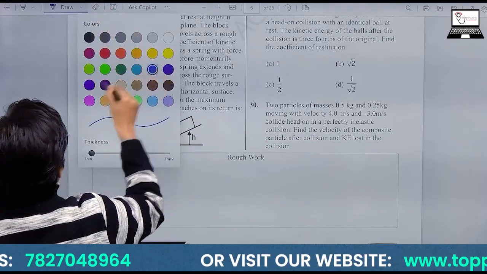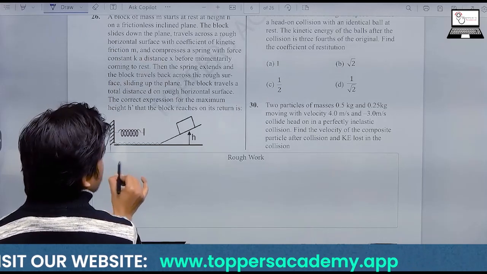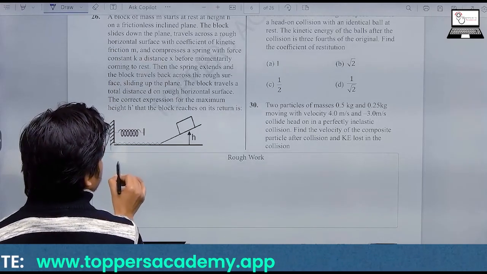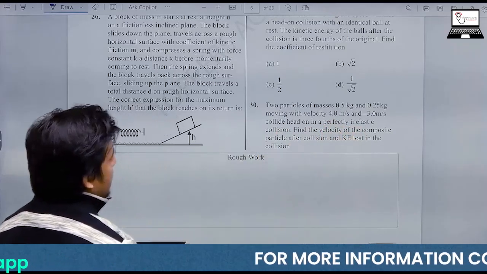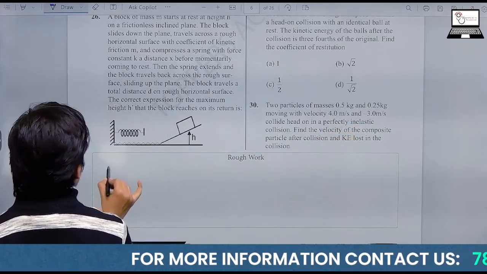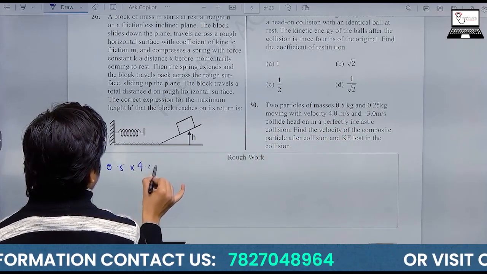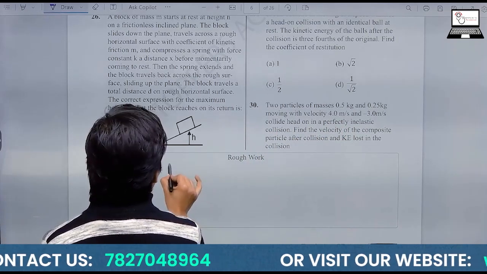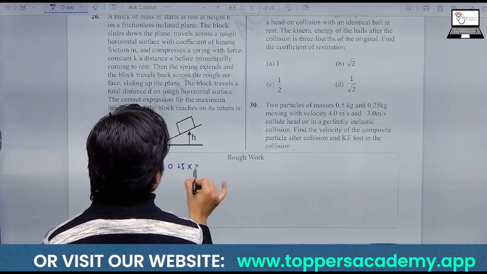So what you can do is write the initial momentum. What is the initial momentum? Because they are moving in opposite directions, it is 0.5 into 4.0 minus 0.25 into 3.0.